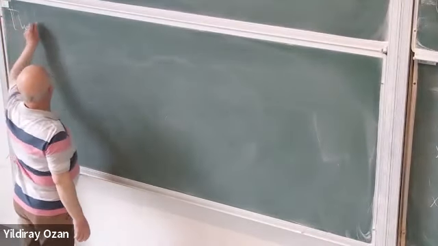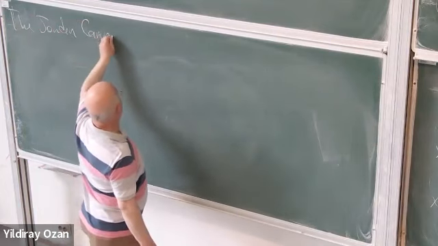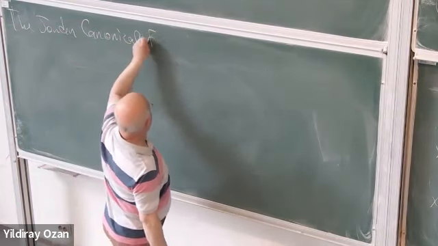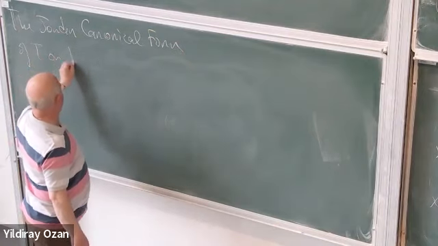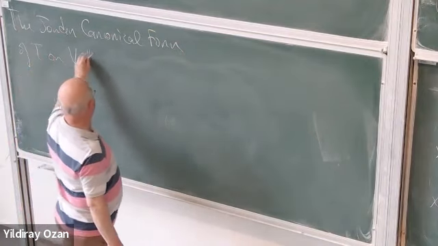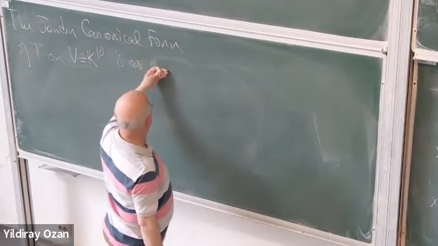The Jordan canonical form of T on V, which is an algebraic equation, is as follows.